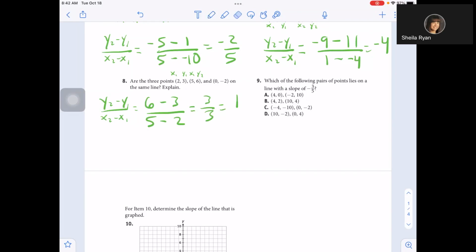And then what we can do is erase our labels and start over with the next 2 points, x1, y1, and x2, y2, and find that slope.